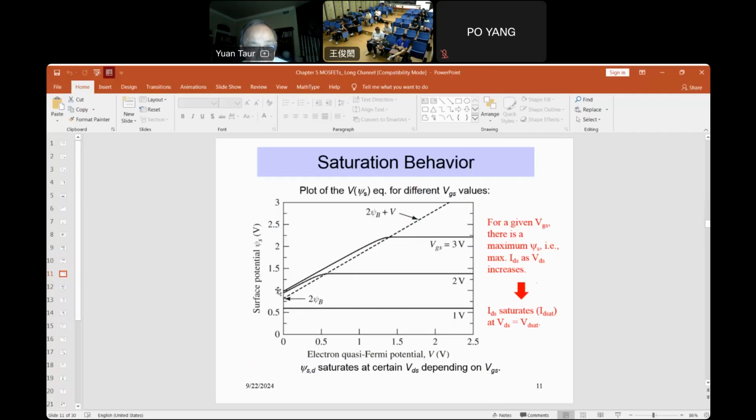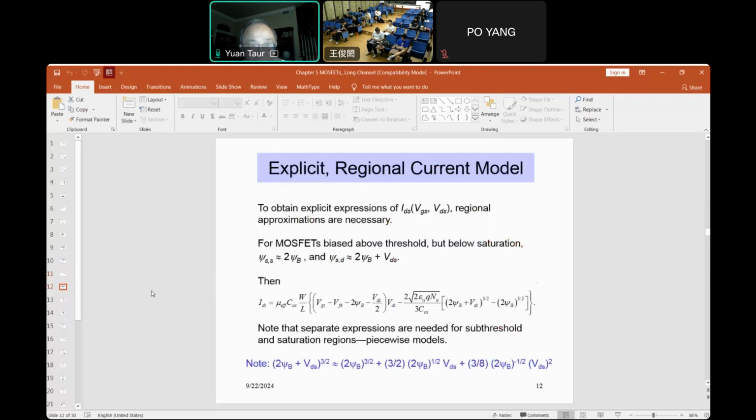It's only valid when VGS is beyond the threshold, and also for VDS before saturation. So only for this range. And then we can express the IDS, the current, in this form.